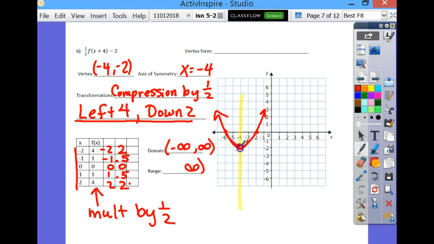That is the minimum point, the y value of this point right here is -2. In vertex form, that would be 1/2 x plus 4 squared minus 2. Instead of having the f indicating a function, it has the squared indicating specifically the parabola.